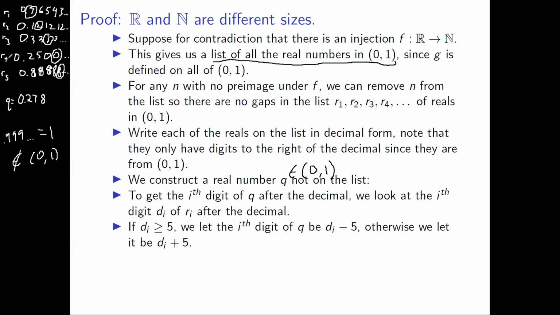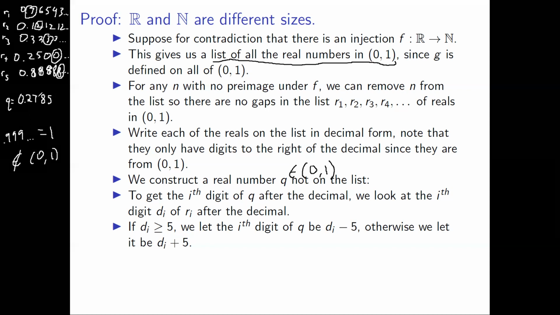So that means D4 equals 0. That means D4 is less than 5. So the fourth digit of Q after the decimal is going to be D4 plus 5, which is 5. And we'll do one more. So we have the fifth digit of R5 is 8. That means D5 is 8. That means D5 is greater than or equal to 5.